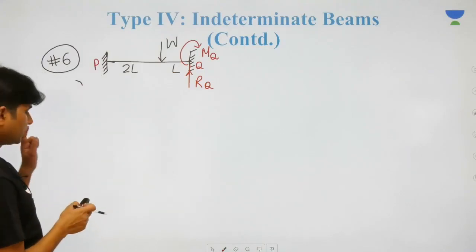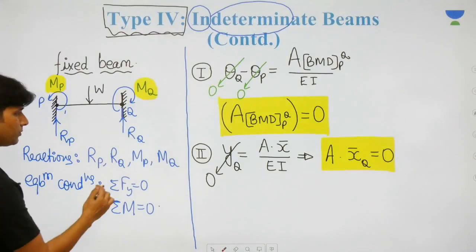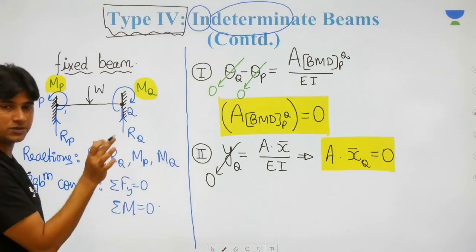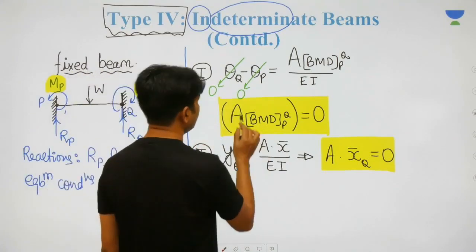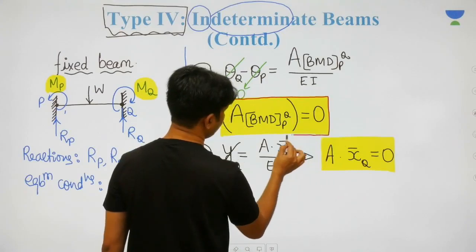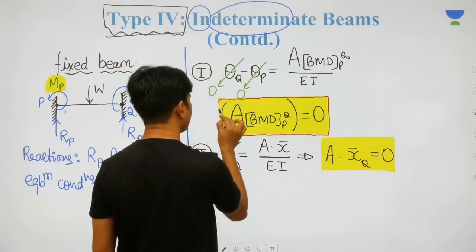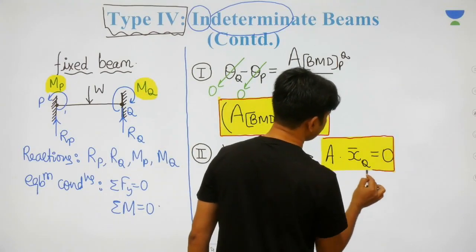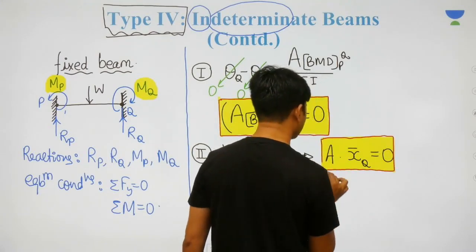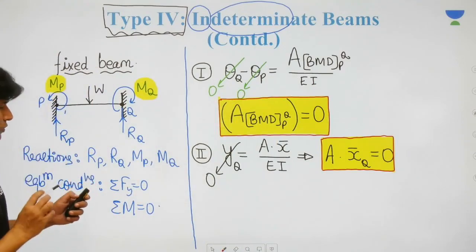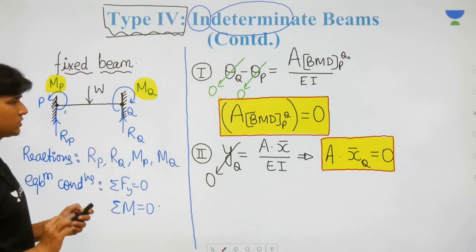As I said, though you have equilibrium conditions also available, please do not use equilibrium conditions. Please do start with these two conditions. Condition number 1, the total area under the bending moment diagram must be equal to 0, and condition number 2, area into X bar must be equal to 0. So you have to use always these two conditions.